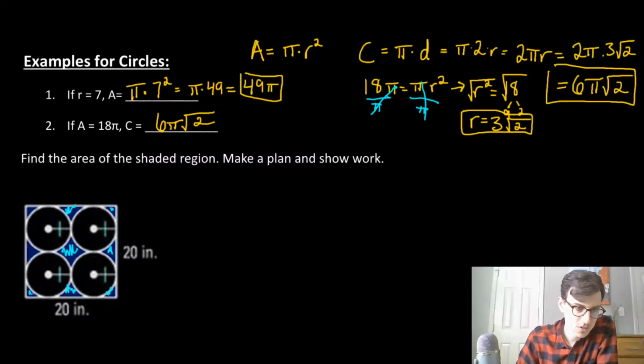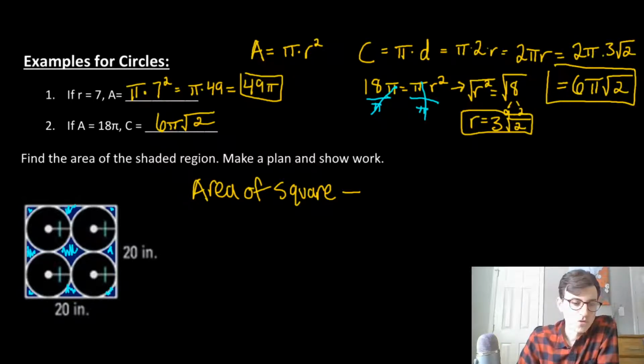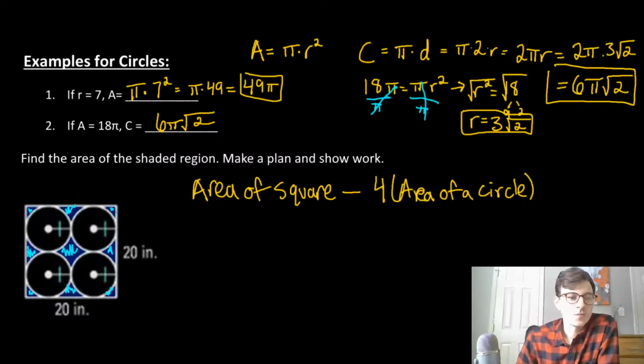Well, the first thing I'm thinking is I've got this square. If I take the area of the square and I subtract these 4 circles, so 4 times the area of a circle, then that's going to be the shaded area.